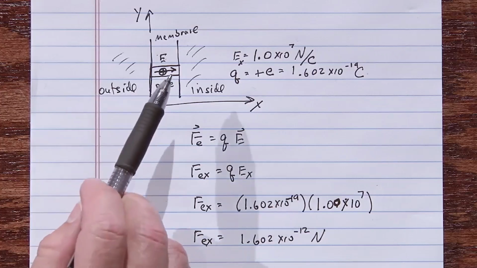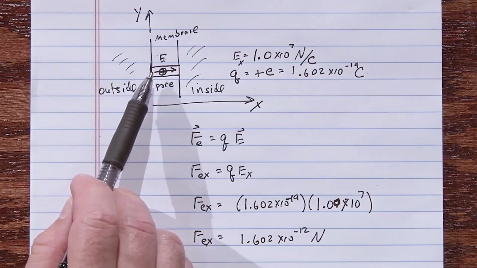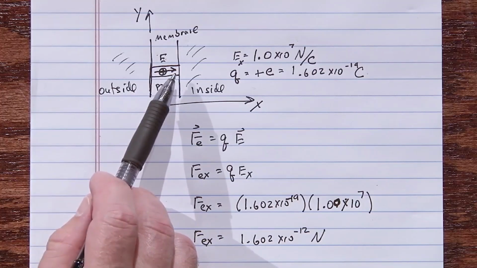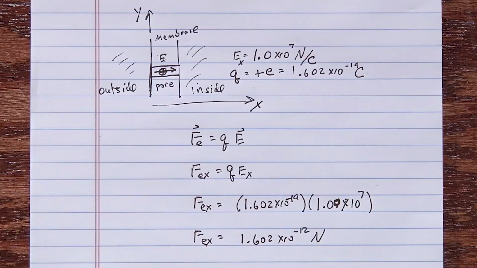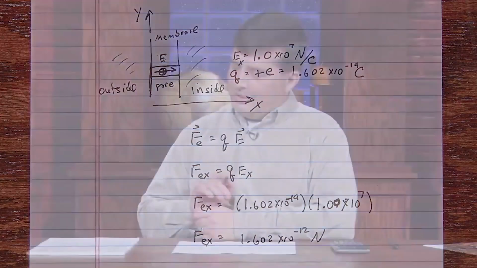So since we have a positive sodium ion, the electric field being directed into the cell pushes that charge into the cell. So the direction of the force on a positive charge is in the direction of the electric field. Okay, so that answers the question that we were asked.